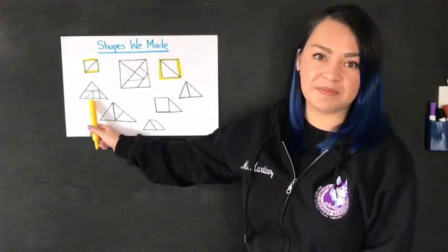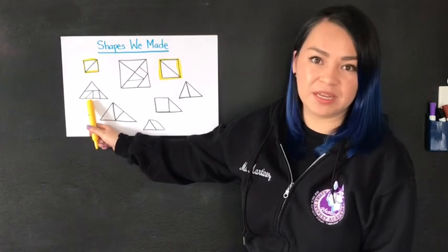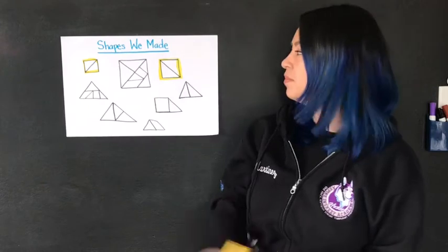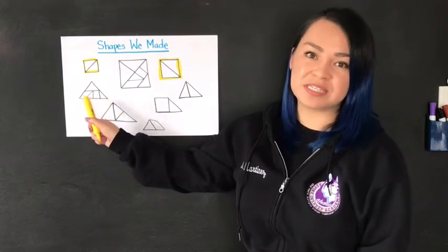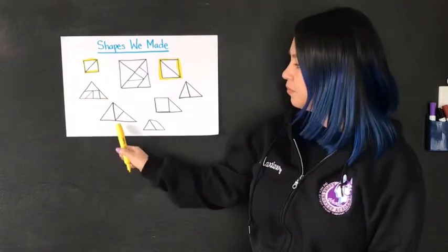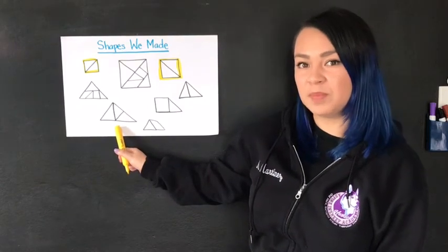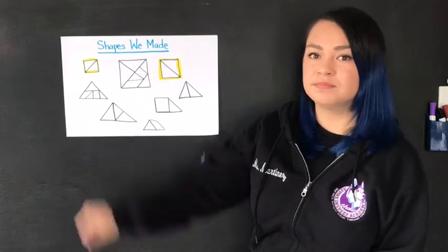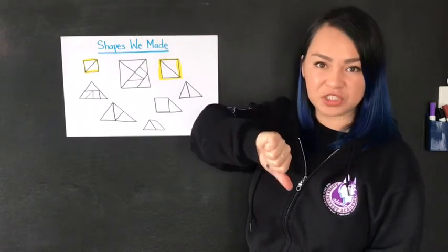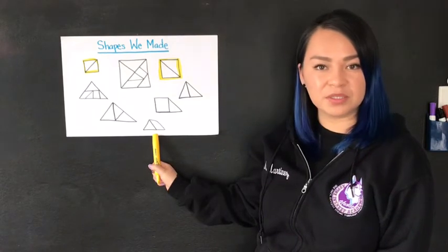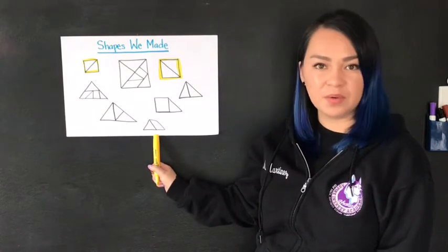Give me a thumbs up if this triangle has equal shapes and equal parts. Nope. I see different shapes and different sizes of shapes. Give me a thumbs up if you think this triangle has equal shapes and equal parts. Nope. Once again, different shapes and different sizes. How about this smaller shape? Nope.